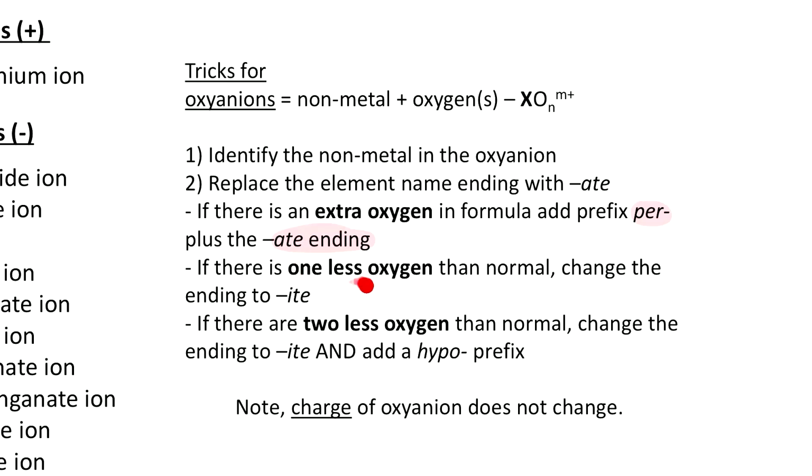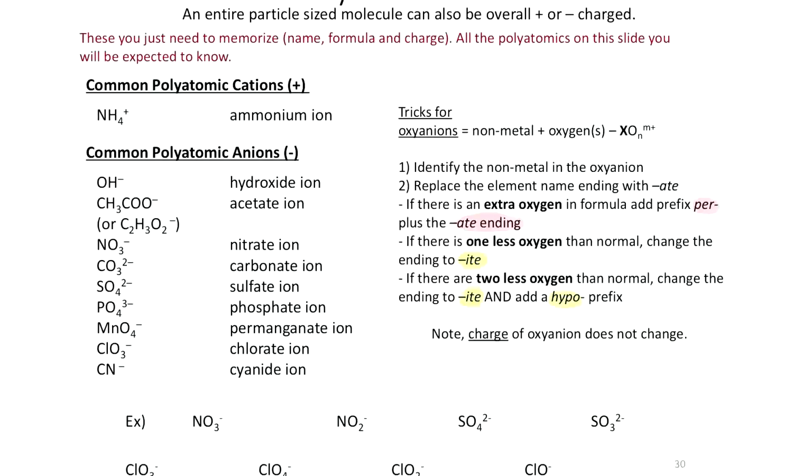If you take away an oxygen, change the ate ending to an ite ending instead. If there are 2 fewer oxygens, keep that ite ending and add a hypo prefix. These prefixes and suffixes are related to the number of oxygens relative to the reference or regular oxyanion. Note that the charge of the oxyanion will never change.